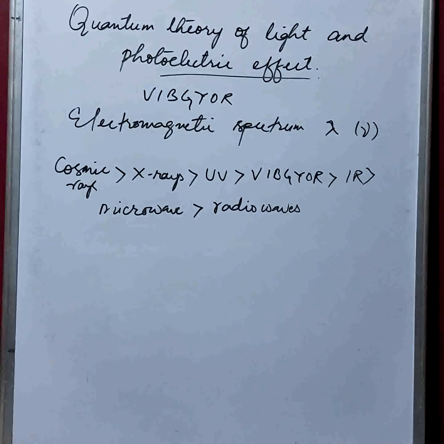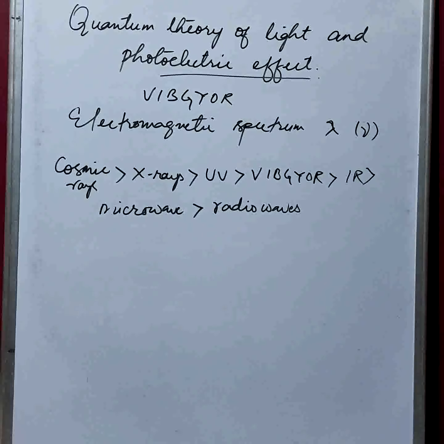That means no change in wavelength or frequency of the emitted radiations, even on increasing the energy. The second point is that these radiations are electromagnetic in nature. But there was a failure of the electromagnetic wave theory because it failed to explain two experiments in particular. The first one is black body radiation, and the second one, the photoelectric effect.